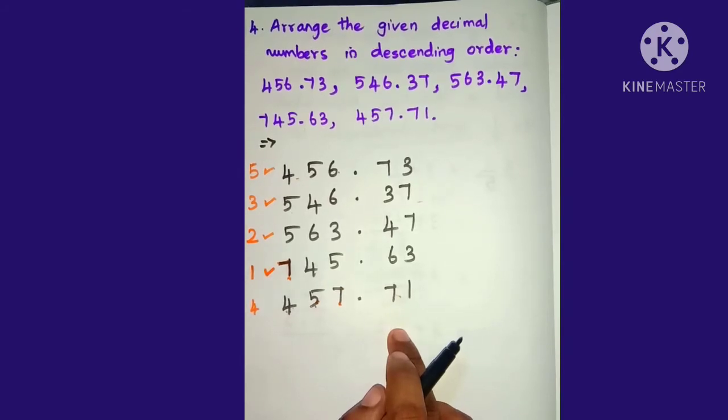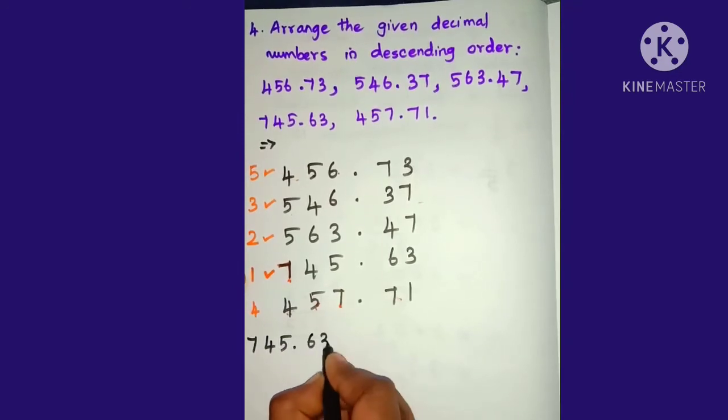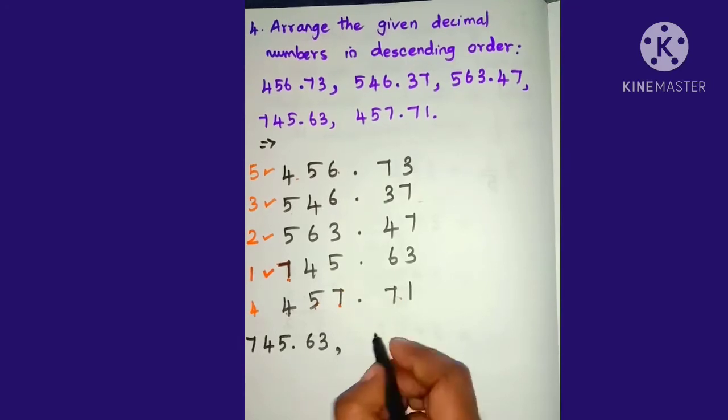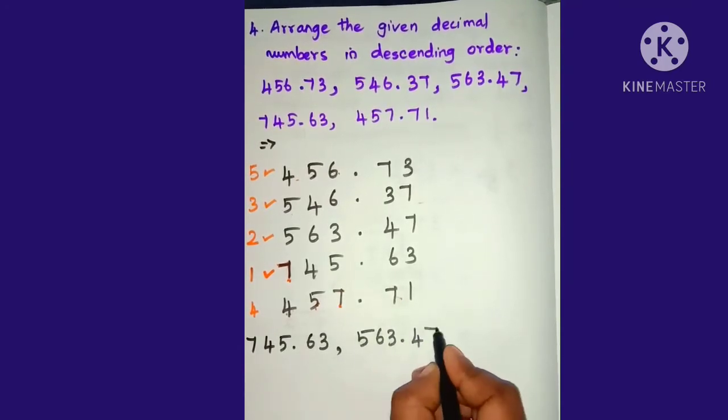So now 1, 2, 3, 4, 5. So arrange like this: 1, 2, 3, 4, 5. The first number is 745.63. The second one is 563.47.